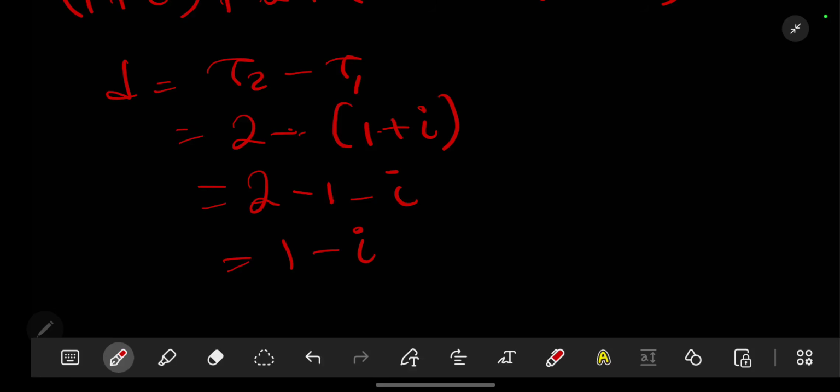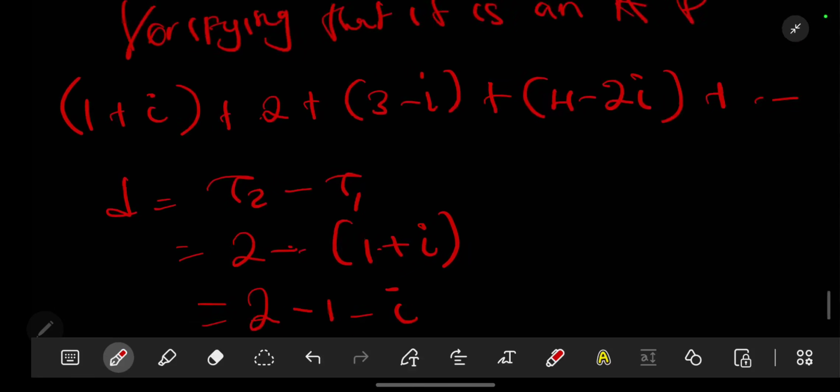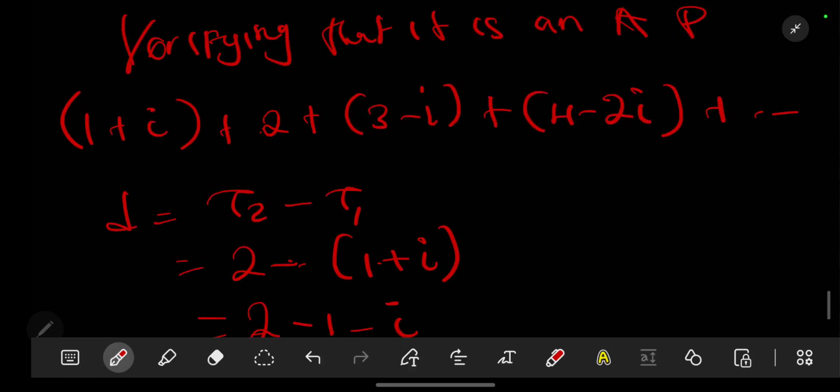So this is our common difference. Is it the same for term number 3 minus term number 2? So we verify term number 3 is equal to 4 minus 2i.